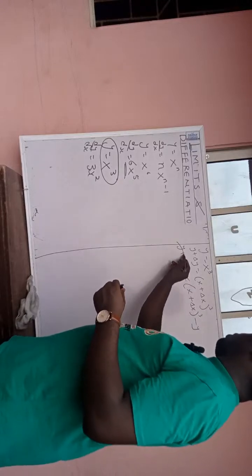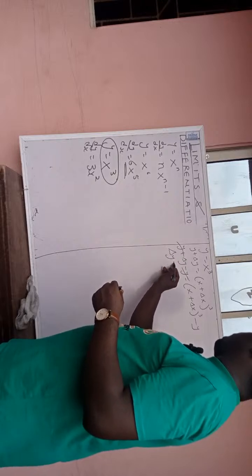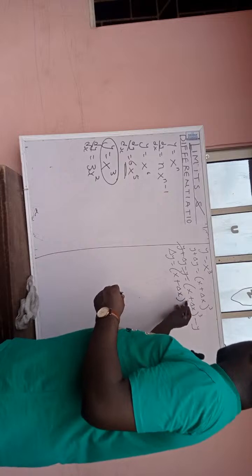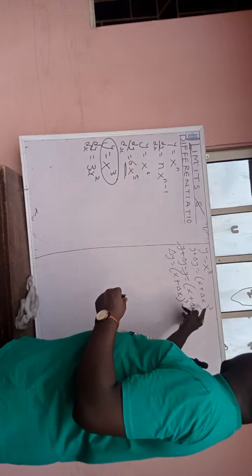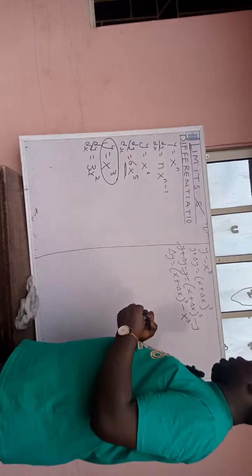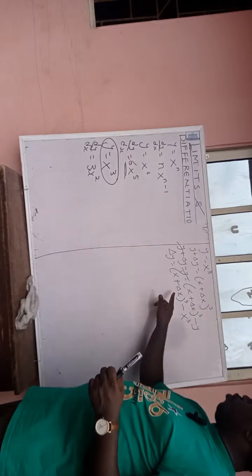So y goes, so you have change in y equals x plus change in x, all cubed, minus your y. What's your y? Go back to this, you have this. So that's it. The next step is to expand this, to open up this.